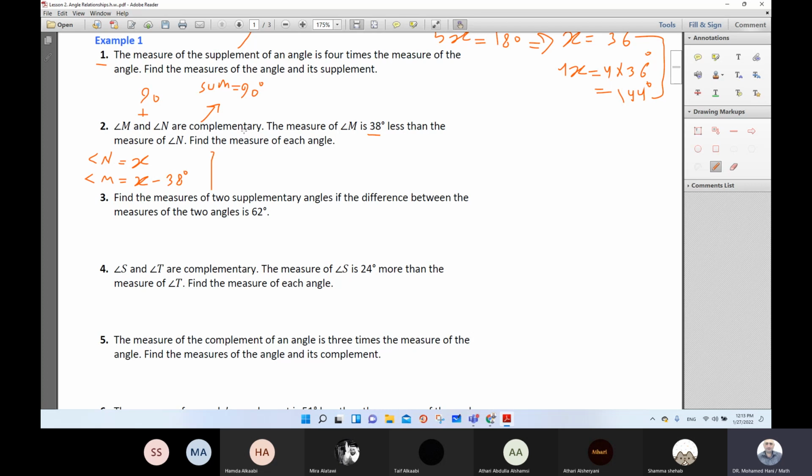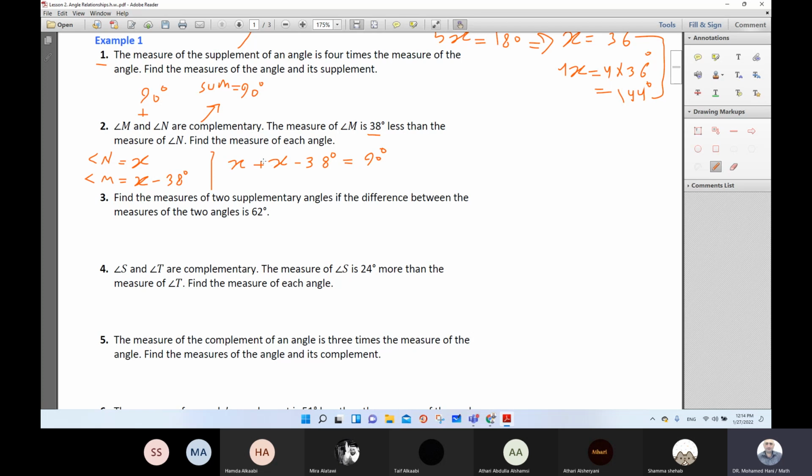The two angles are complementary, meaning angle N plus angle M equals 90 degrees. So we can write here x plus x minus 38 equals 90 degrees.